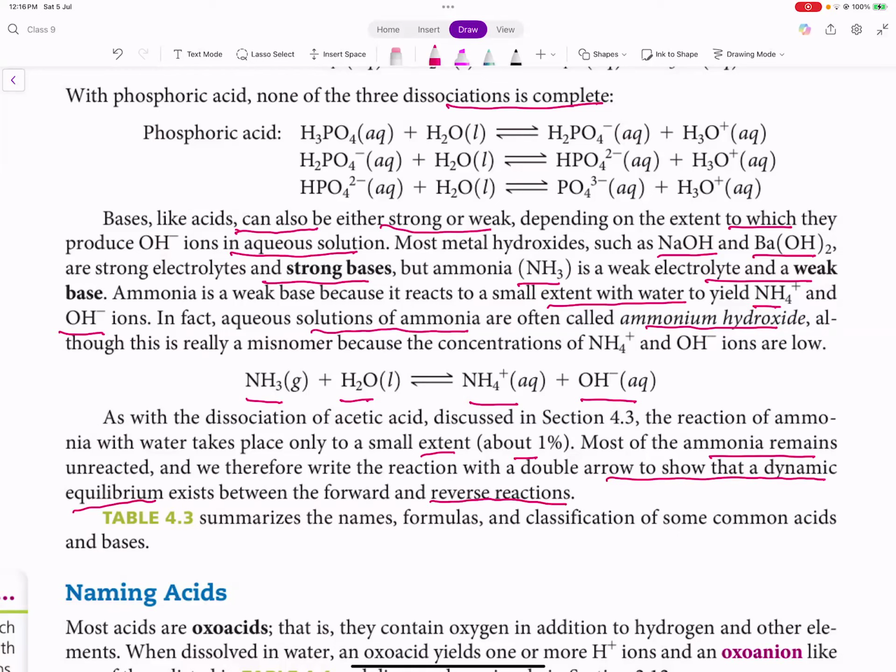Meaning to say that the rates of the forward and reverse reactions are equal. That is what we mean by dynamic equilibrium. We'll come to more of this, but for the moment, the double arrow indicates that this dissociation is not one-sided and it is only partial. Okay.